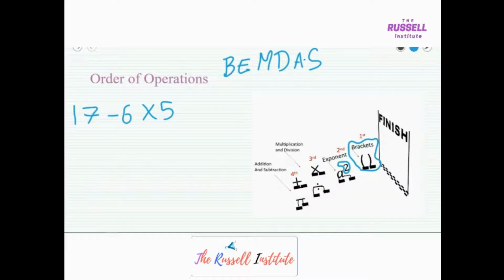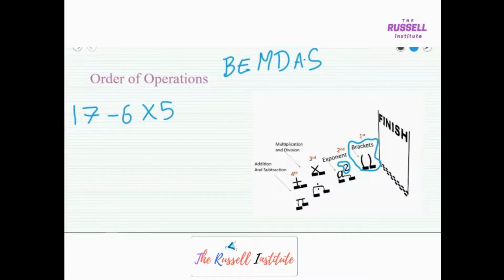You should add and subtract at the same time, working from left to right. They're tied. So really and truly, there are only 4 places. Brackets first, exponent second, multiplication and division tie for third, addition and subtraction tie for fourth.